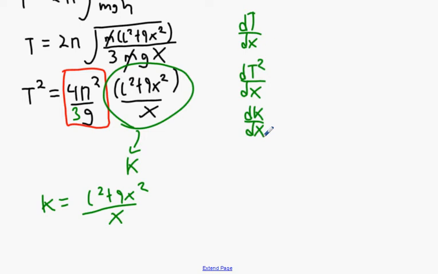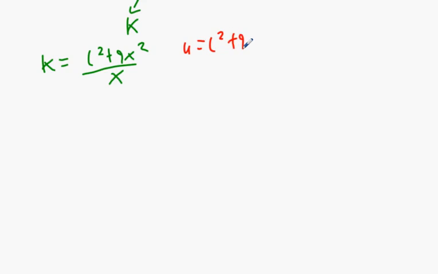First derivative equal to 0. Okay? So turning point, guys, first derivative equals 0. We're going to do the quotient rule, where u equals L squared plus 9x squared, v equals x. The du dx, guys, 18x. The dv dx equals 1.